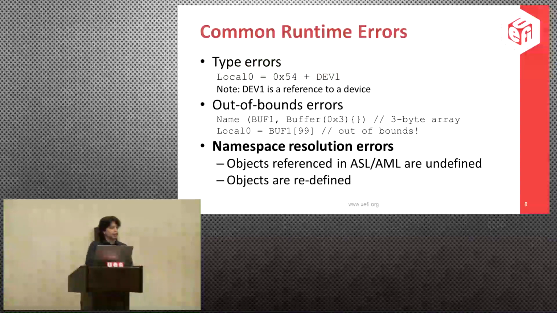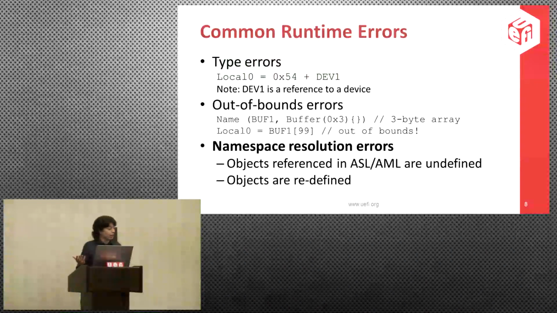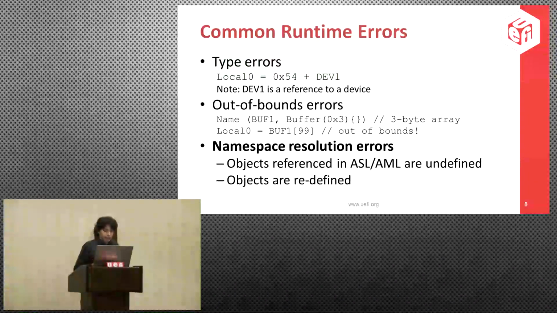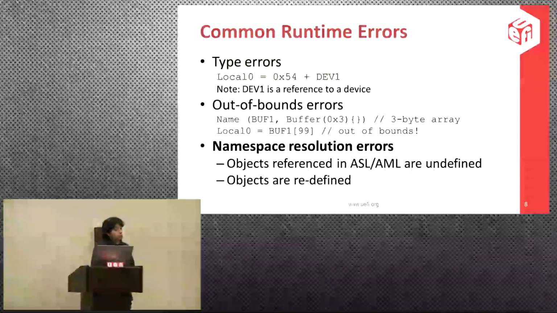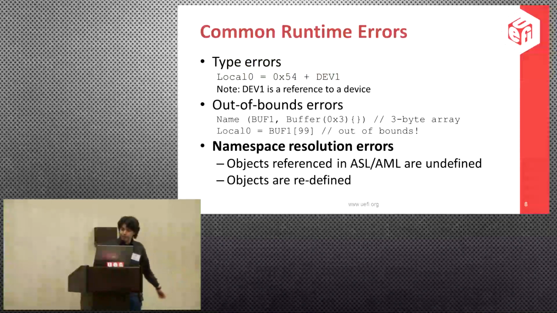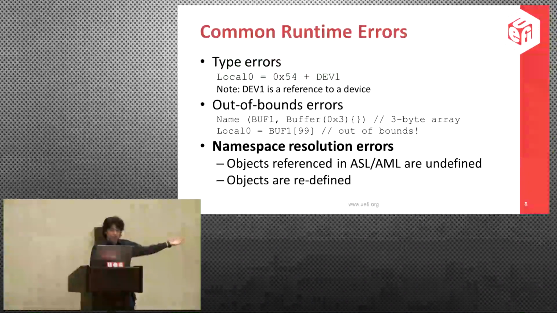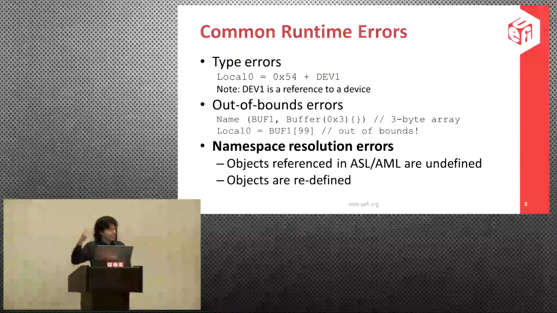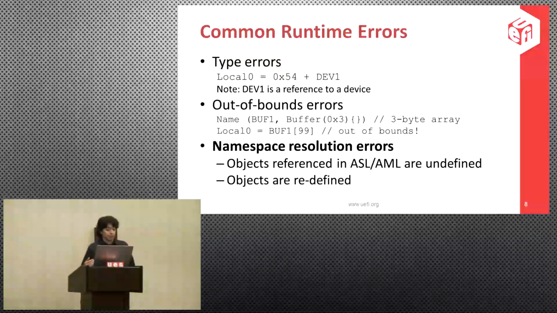There are more complicated examples that make it hard to compute that will result in the runtime error, but this is just for an example. There are out-of-bounds errors. So in ASL, you can declare byte arrays. So let's say that I declare a static length of 3, and we index to index 99, for example.